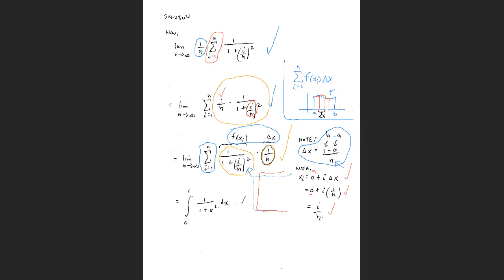The only way x sub i would equal i divided by n is if a were equal to 0, because delta x is 1 over n. So i times 1 over n is i over n, and a has to be equal to 0. Since a is 0, b has to be 1. And so your definite integral is from 0 to 1 of 1 over 1 plus x squared dx.